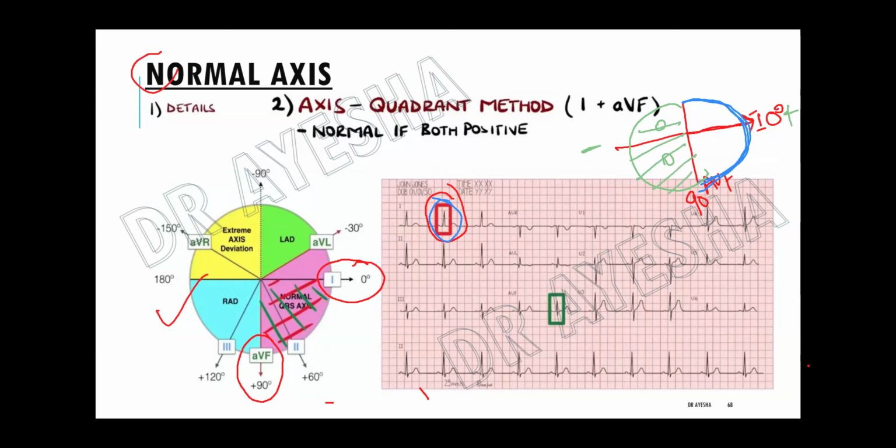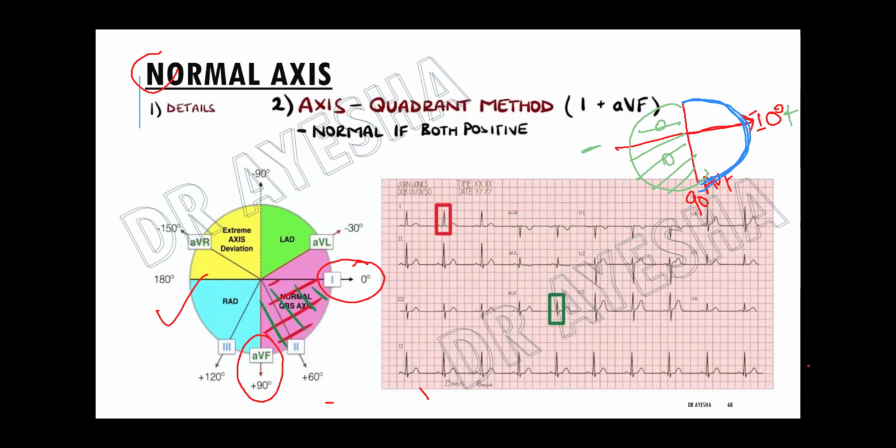If you have a negative deflection, meaning the direction of the QRS is downward, just like in V1, this is the downward deflection. And in lead 1, this is an upward deflection.